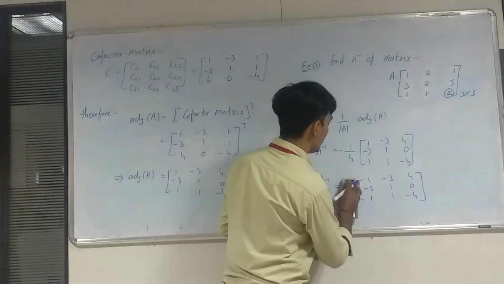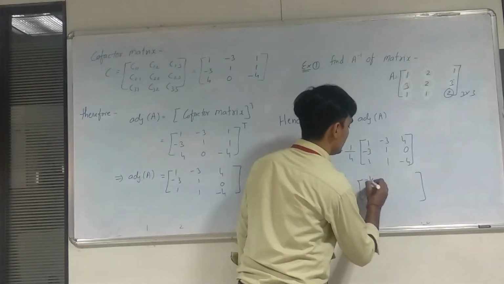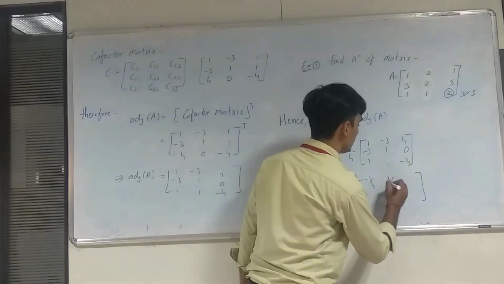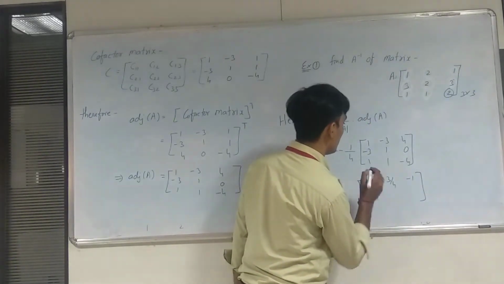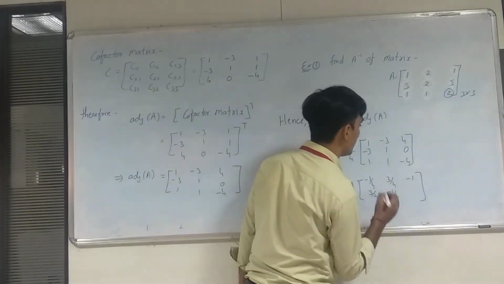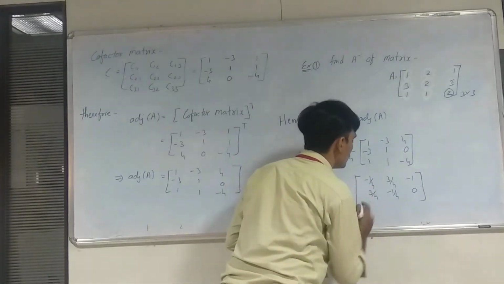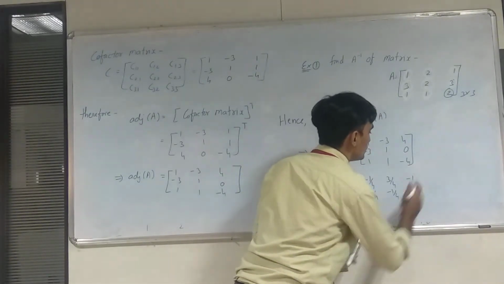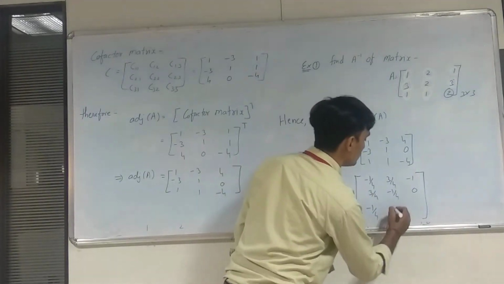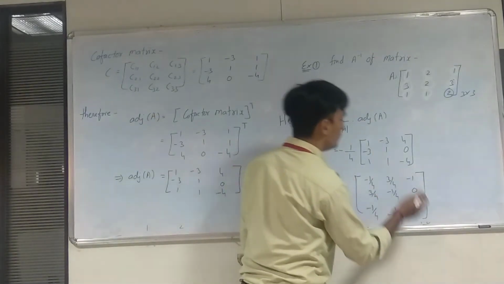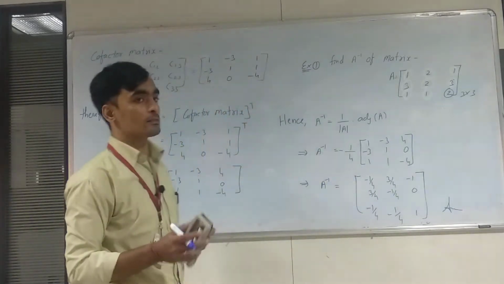So you can write this as minus 1 by 4, 3 by 4, minus 1, 3 by 4, minus 1 by 4, 0, minus 1 by 4, again minus 1 by 4, plus 1. This way you can find your answer.